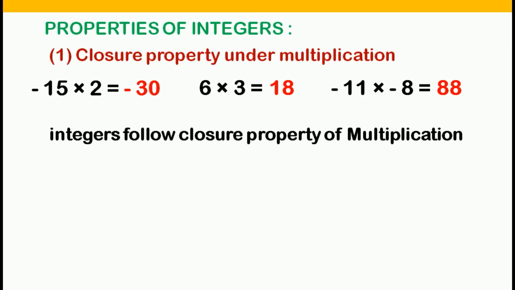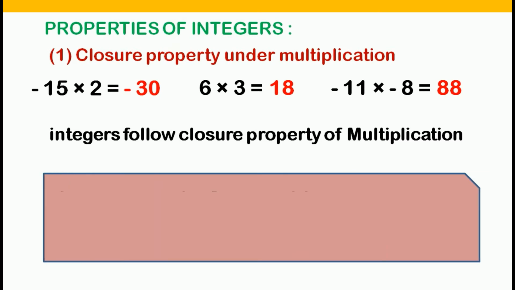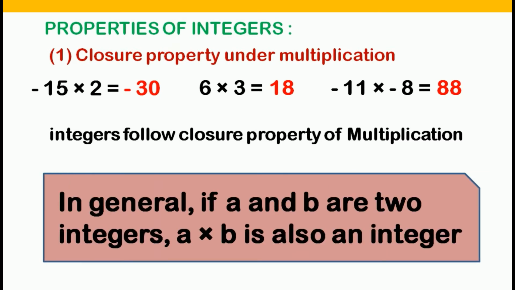So we can conclude that integers follow closure property of multiplication. In general, if a and b are two integers, then a into b is also an integer.